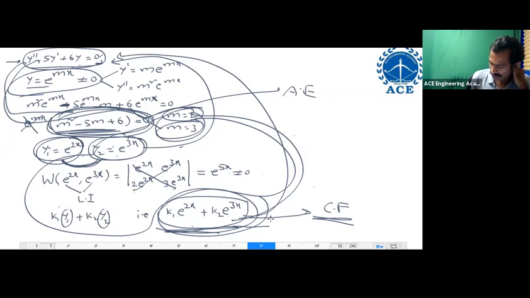So we are going to the next page. In this page, we write the method of finding the solution of a homogeneous equation. That is, we write the procedure.